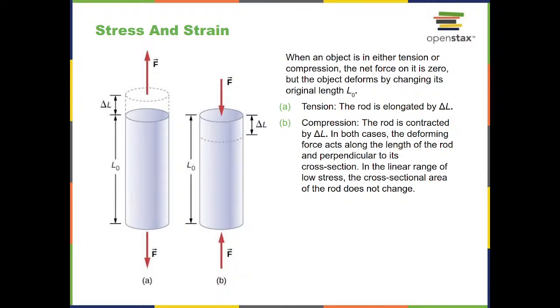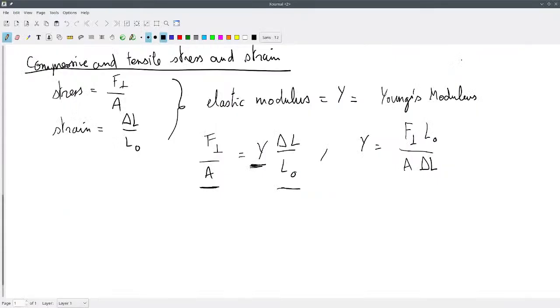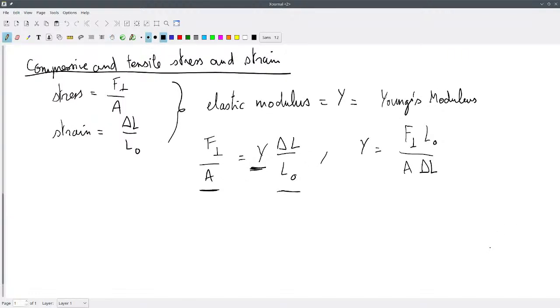So we can apply this to an example. This is, I think, one of the examples in the textbook. If we have a stainless steel rod that is hanging from the ceiling, and it has a Young's modulus, in units of Pascal, of 2 times 10 to the 11th Pascal.